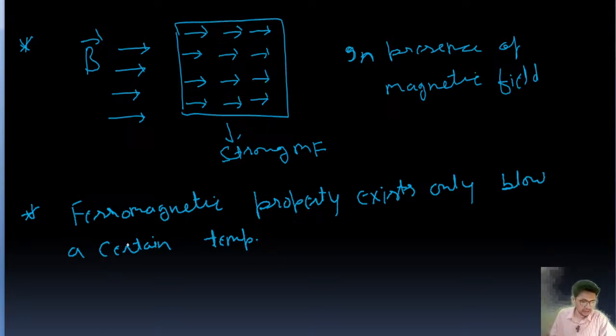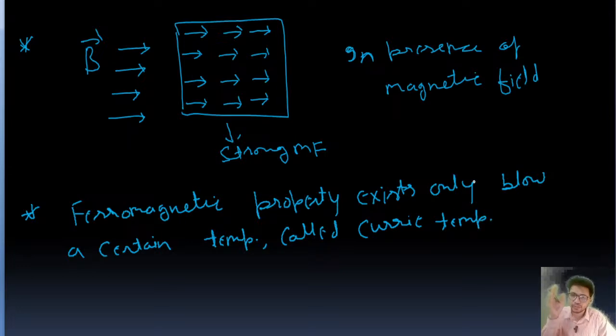That temperature is called the Curie temperature. So ferromagnetism will exist below the Curie temperature.